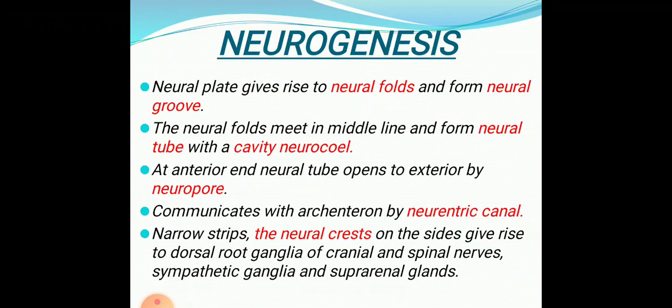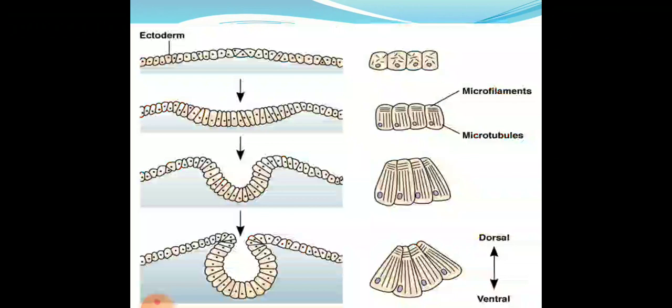The narrow strips, the neural crest, on the side give rise to the dorsal root ganglia, cranial and spinal or sympathetic ganglia, and suprarenal glands. These are also formed. In the diagram you are seeing the ectoderm, and the arrow mark.